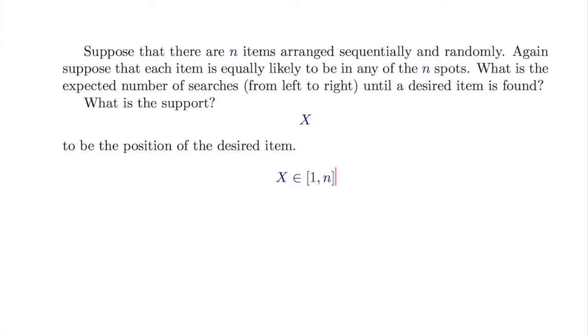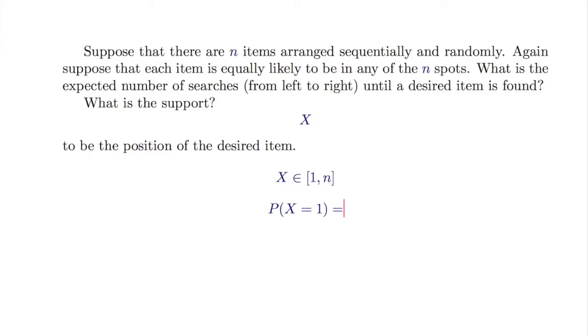But even if you didn't notice that, a good thing to do would be to just start doing some experiments, right? So let's evaluate, for instance, what is the probability that x is equal to 1? So the desired item is in the first spot.